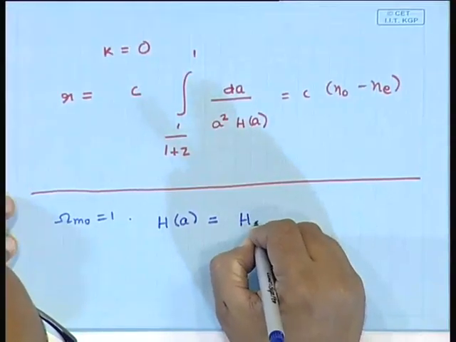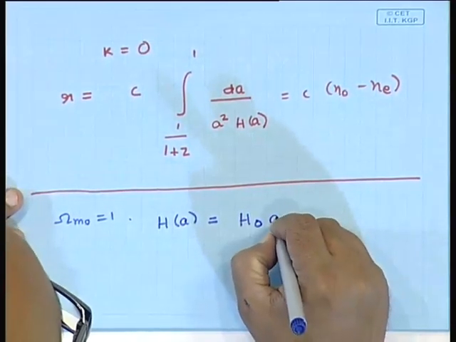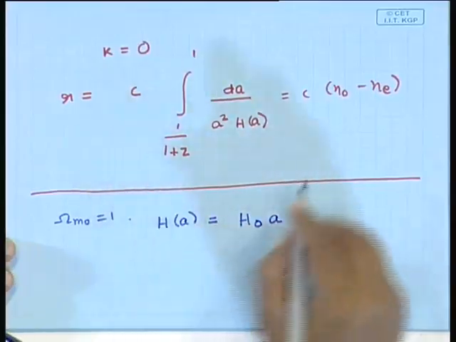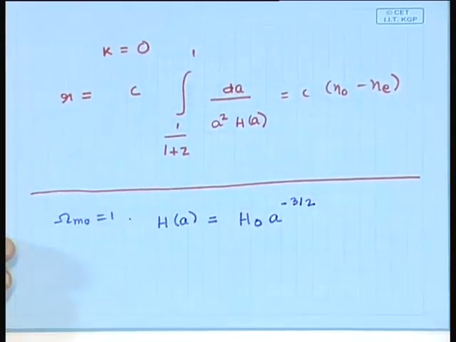So, in this model H is equal to H naught times omega matter naught, which is 1, and then I have A to the power... How does the density of matter scale with the expansion of the universe? The density times A cubed is a constant. So, it goes as A to the minus 3. So, I have the square root of that, so it is minus 3 by 2.